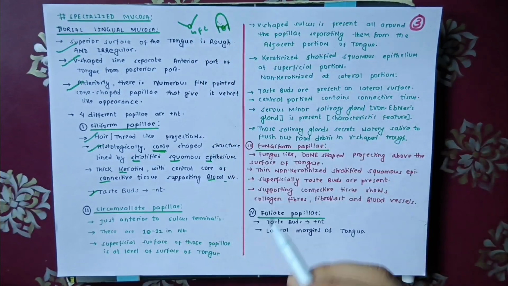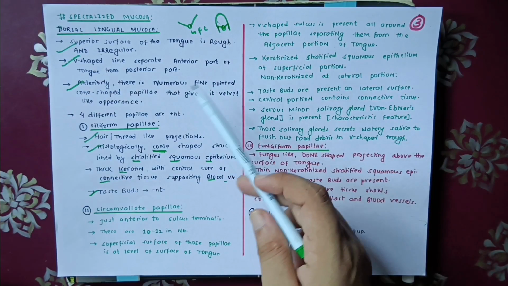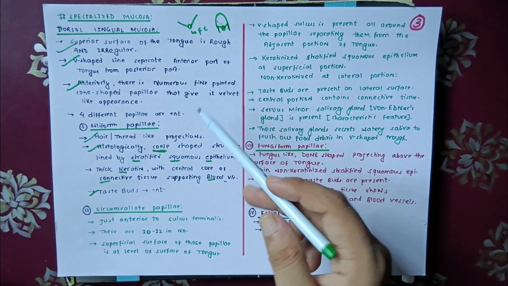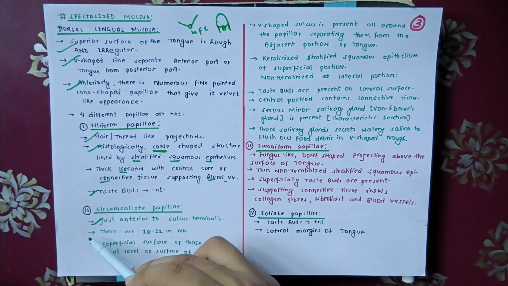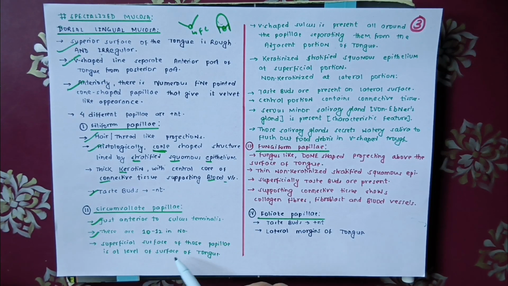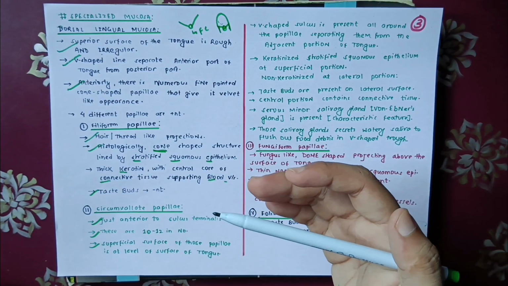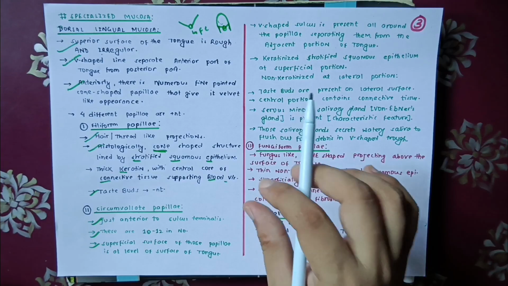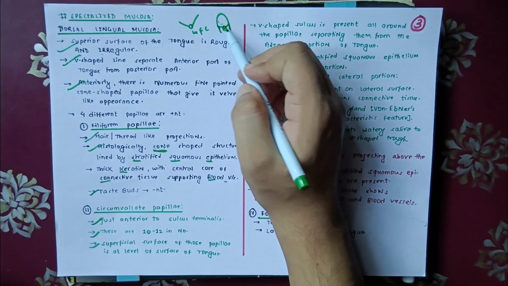So I think you are clear with this foramen cecum and sulcus terminalis. After that, there are 10 to 12 in number, and the superficial surface of those papillae is at the level of the surface of the tongue. The circumvallate papillae are the larger papillae, just in front of the sulcus terminalis.